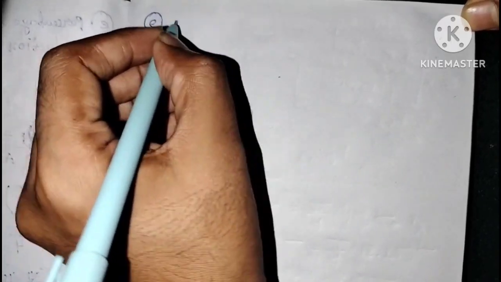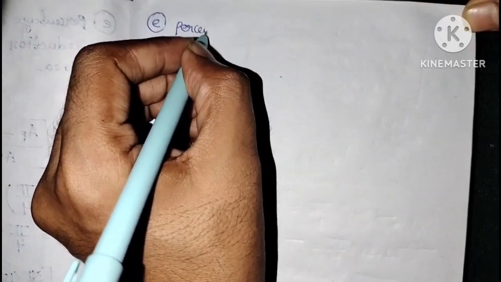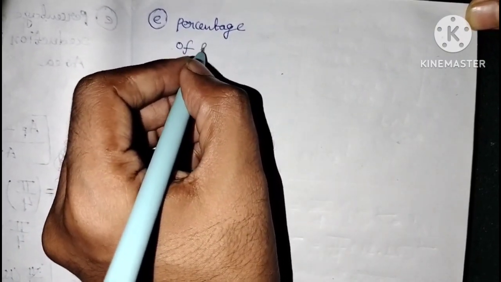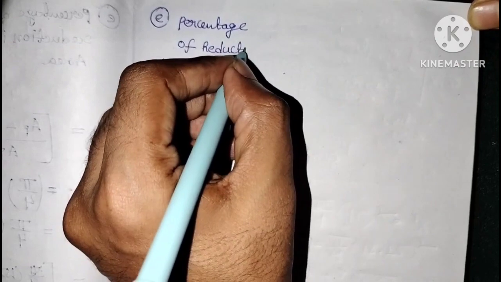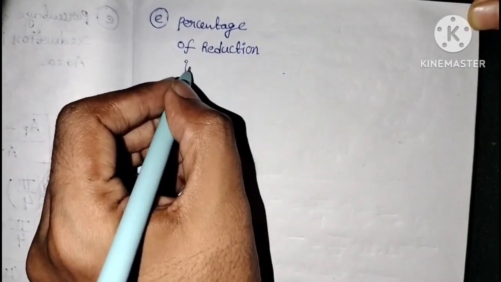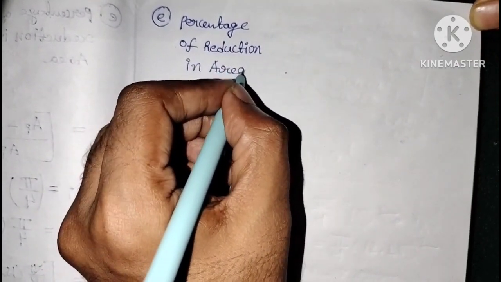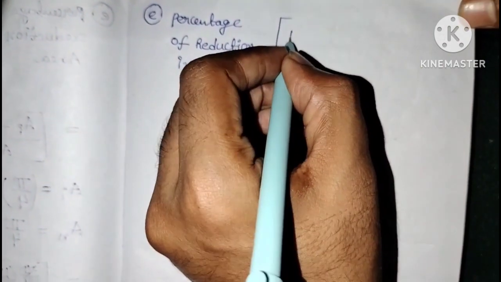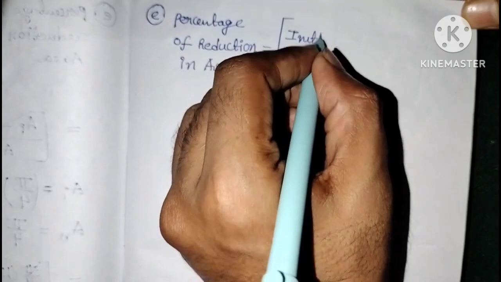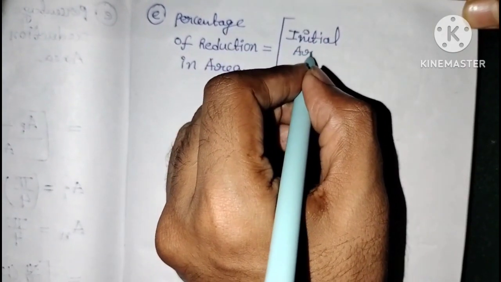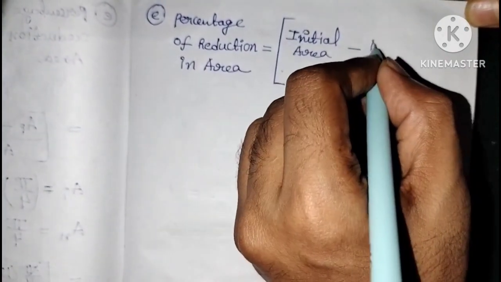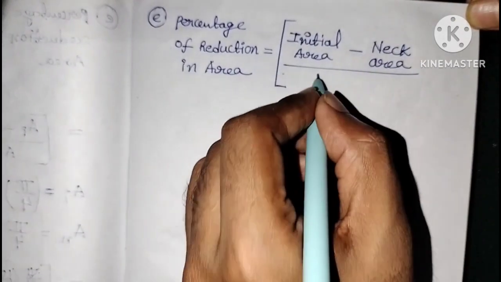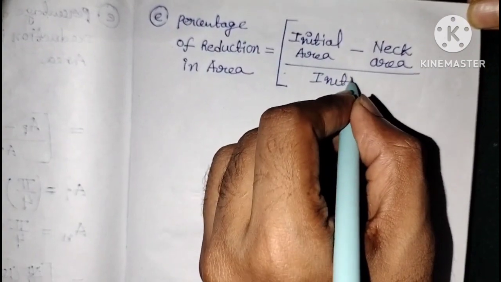Next we need the percentage of reduction in area. The formula is: initial area minus neck area, by initial area or original area, into 100.